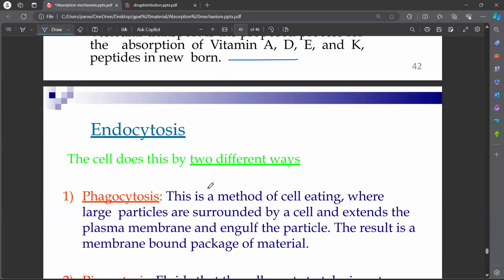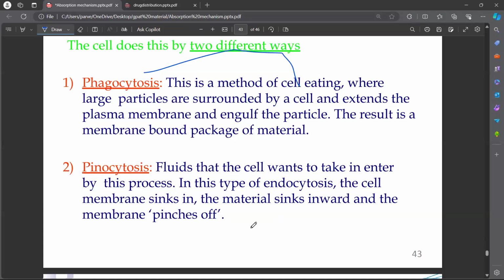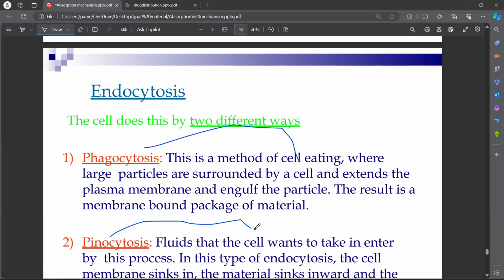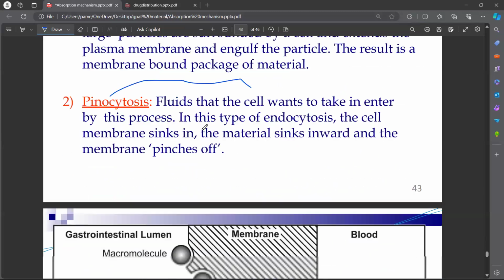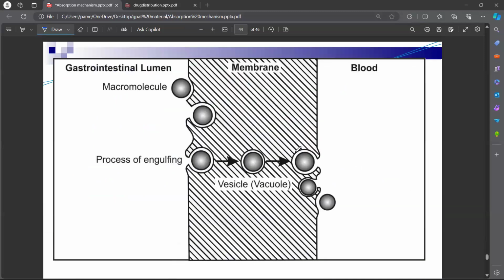Phago means cell eating, and pino means cell drinking. Basically, first the molecule comes and interacts with the bilayer, then the bilayer gets wrapped around the molecule and transfers it to the cytosol, then the molecule gets expelled into the blood.